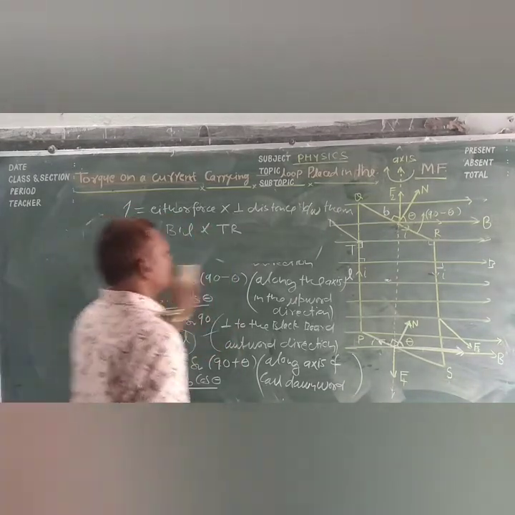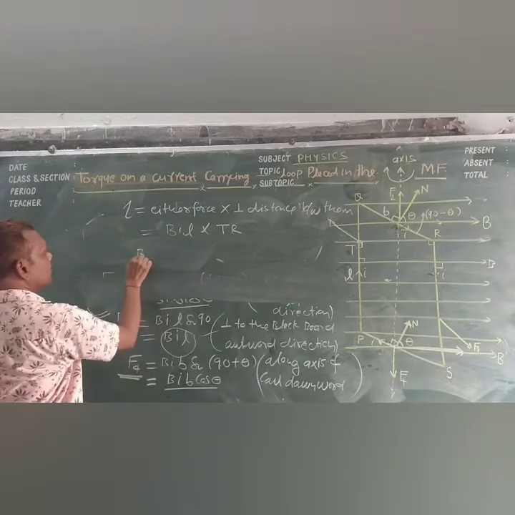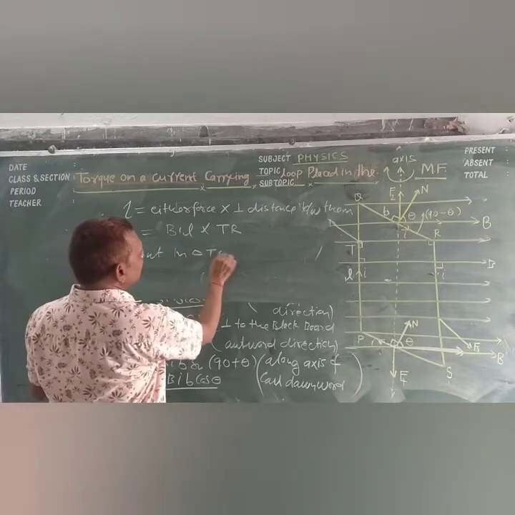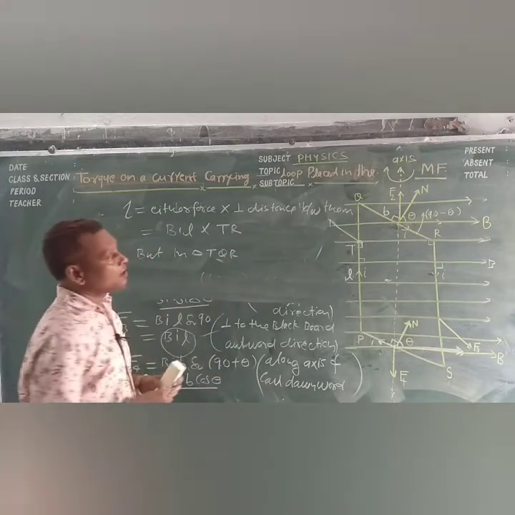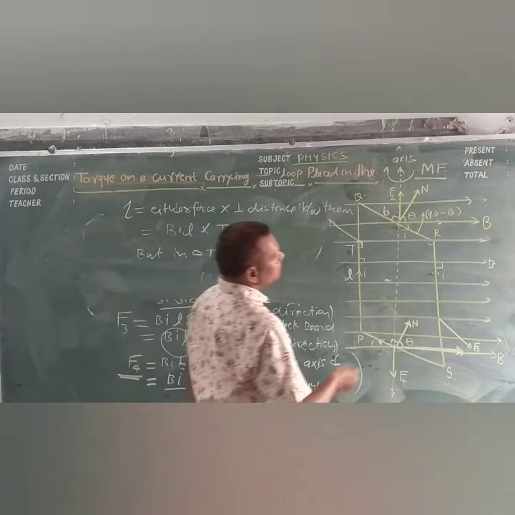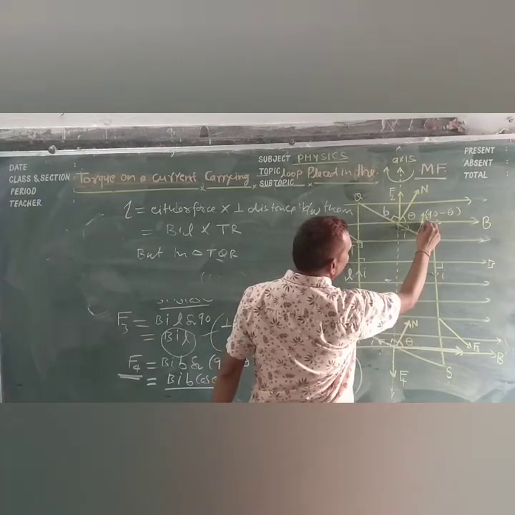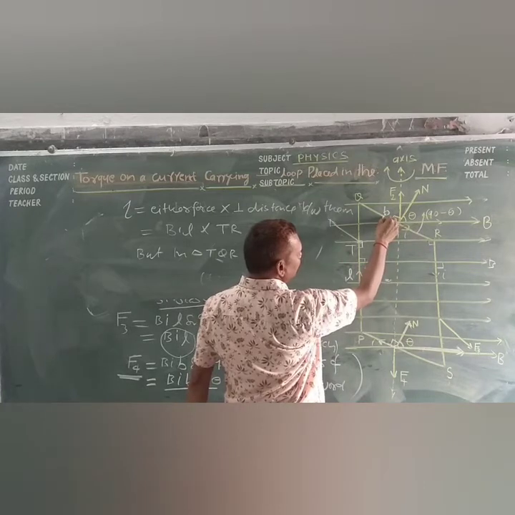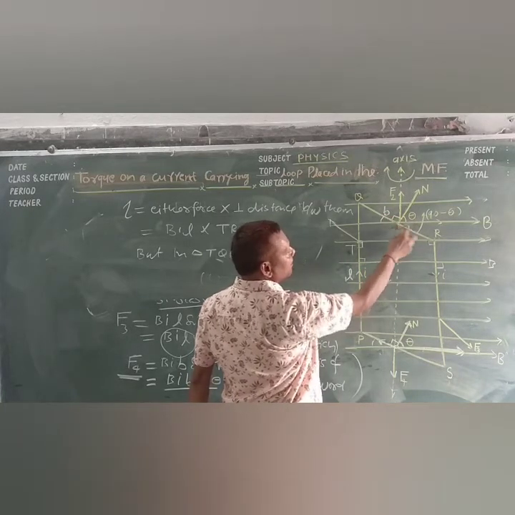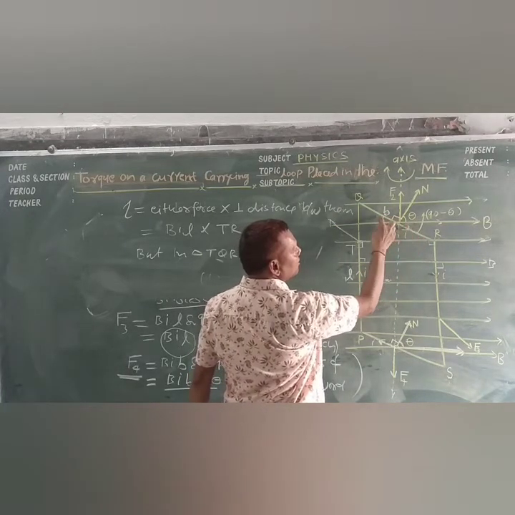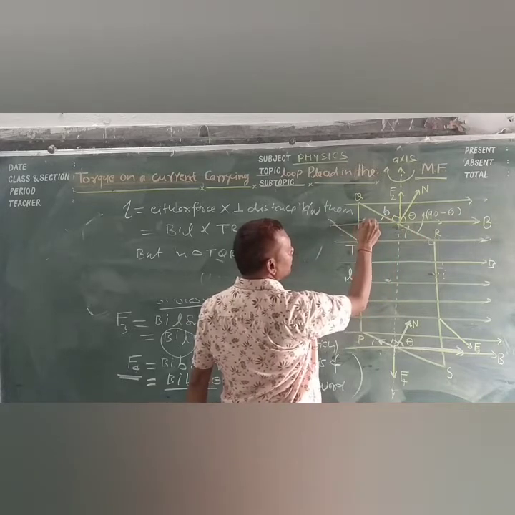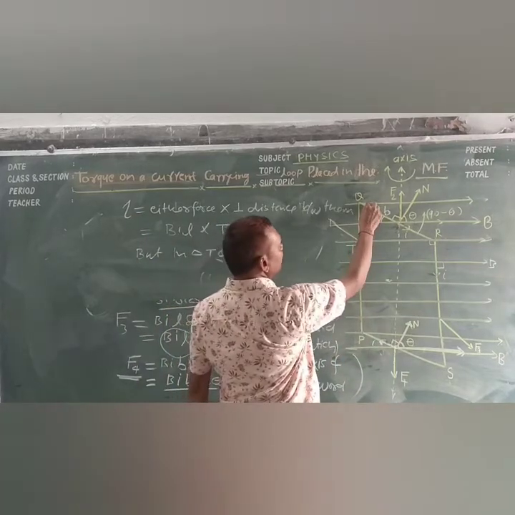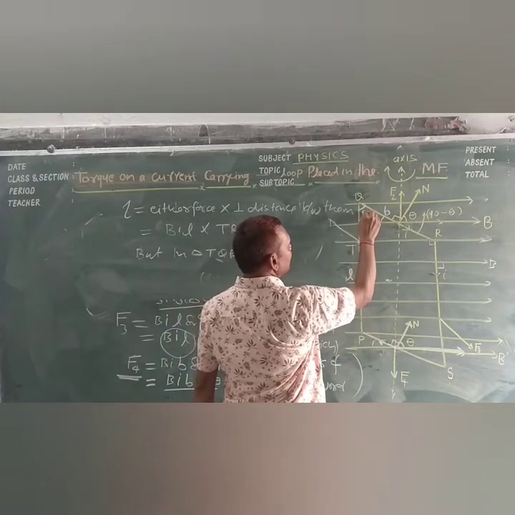But in triangle TQR, this angle is 90 minus theta. So this angle is also 90 minus theta, vertically opposite angle, and this angle is 90 degrees. So this angle will be theta.